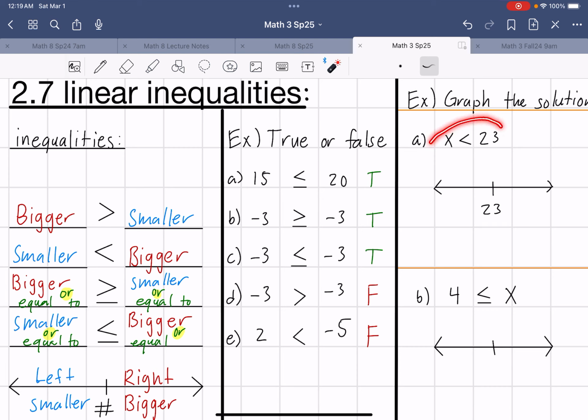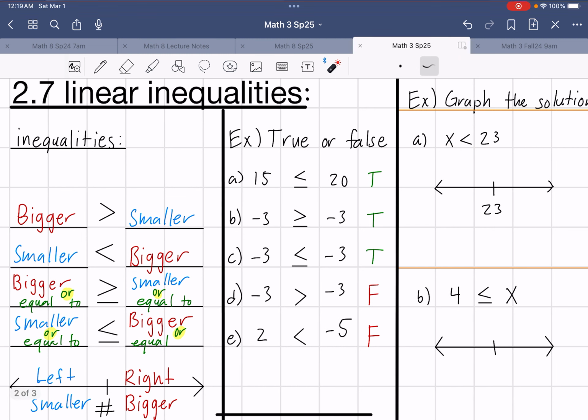But then I have to read this statement. X is on the pointy side, which is the smaller side of the inequality. 23 is on the larger side. So that tells me that the values that can be plugged into X have to be strictly smaller than 23. And where are the numbers smaller? On the left side. So that means my answers are on the left side of 23.